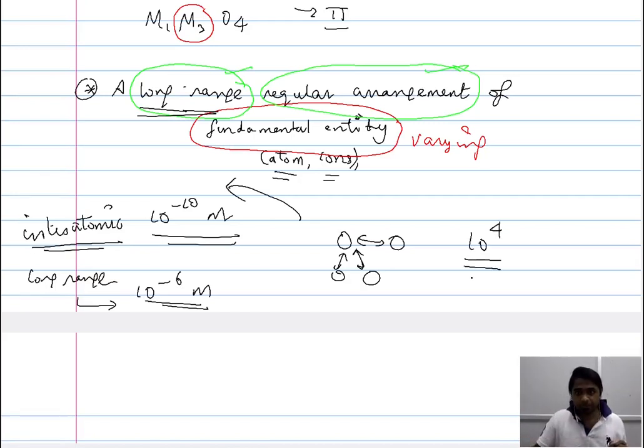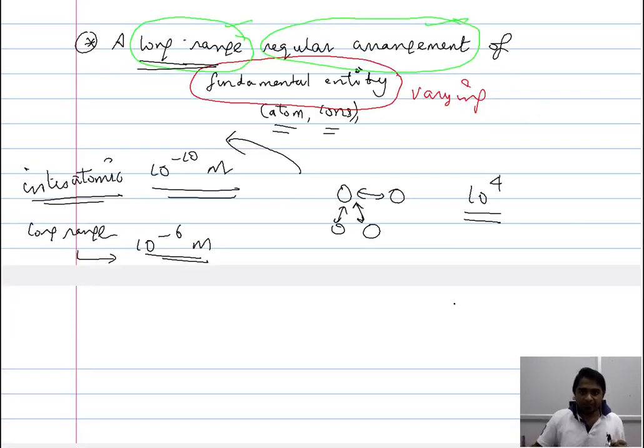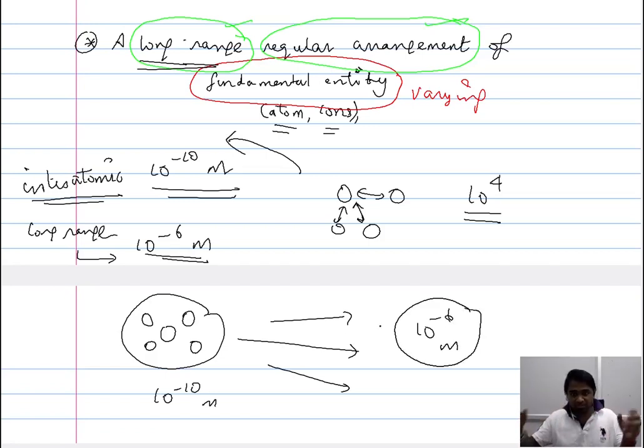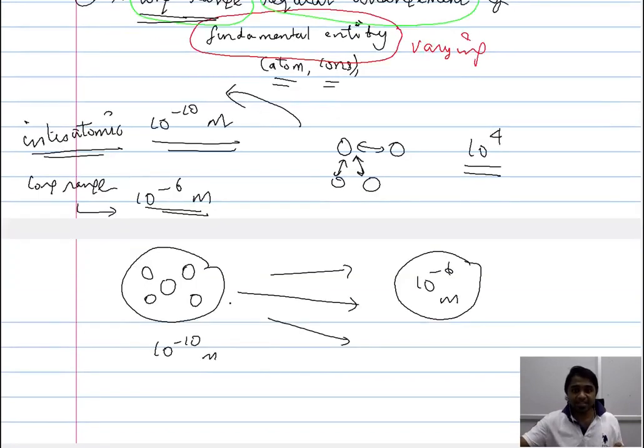So we can say something is long range if it is extended up to 10 to the power 4 times. What we mean by that is, supposing I see an arrangement like this in an atom, in the range of 10 to the power minus 10 meters. And now if this is extended over space in such a way that the similar arrangement is observed over 10 to the power minus 6 meters, then we can say that this arrangement is a long range regular arrangement.